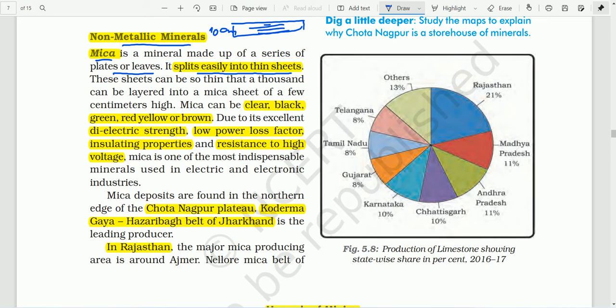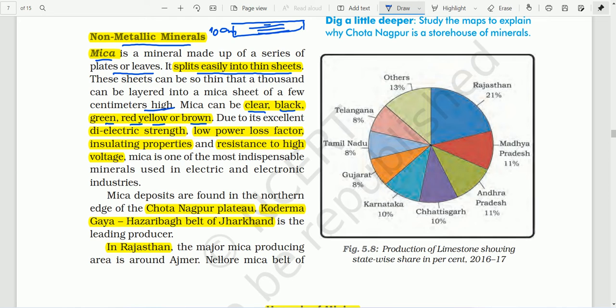And these sheets can be so thin that 1,000 can be layered into a mica sheet a few centimeters high. Mica can be clear, black, green, red, yellow, or brown. So color of mica may be transparent, just like glass. Okay, clear. Then it may be black, green, red, yellow, or brown, depending on the presence of impurities.